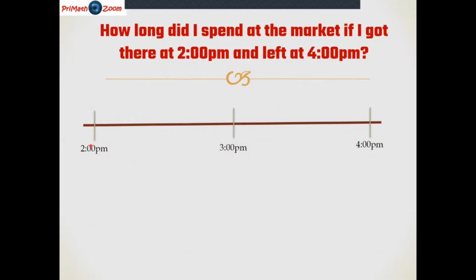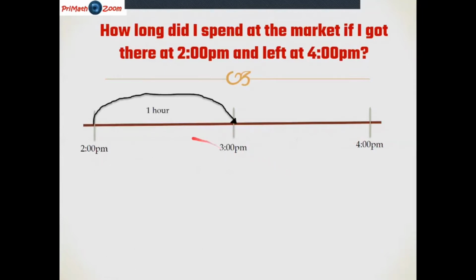So we know that from 2 p.m. to 4 p.m. there are some other hours in between. So we can go ahead and fill in the other hours. So we have 2 p.m., then 3 p.m., then 4 p.m.